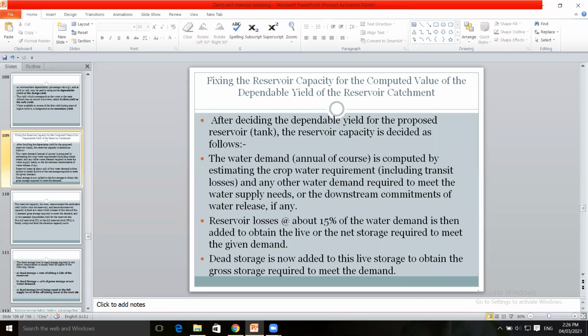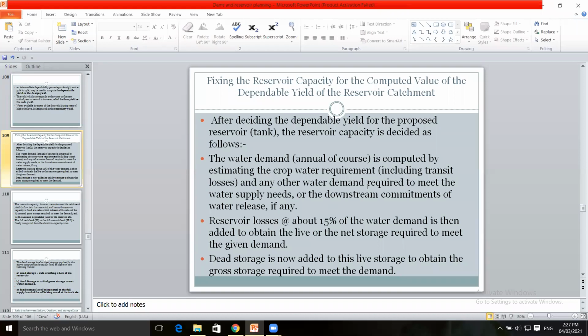So how to decide the reservoir capacity? We have to find the reservoir capacity from the dependable yield. First, the annual water demand is computed by estimating the crop water requirement, including transit losses or any other water demand required to meet water supply needs or downstream commitments of the water release.